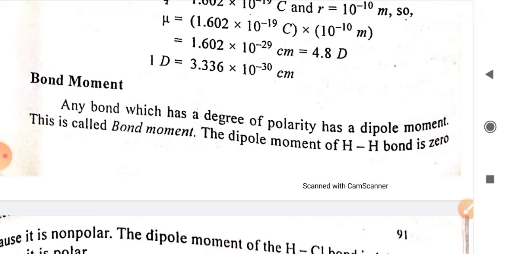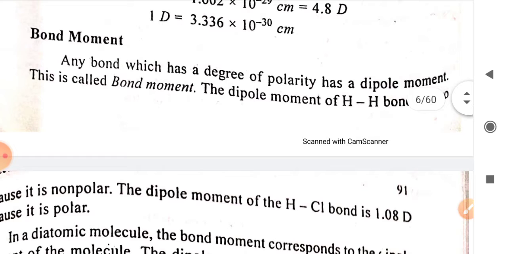But in the case of molecules containing more than one bond, like methane, ethane and so on, the bond moments combine to give the actual dipole moment of the molecule.